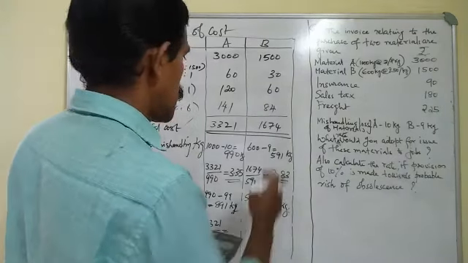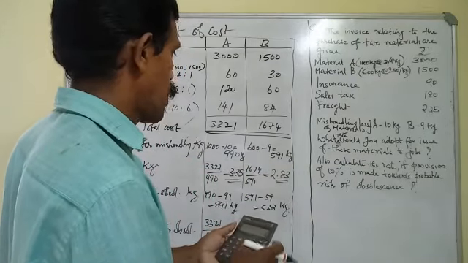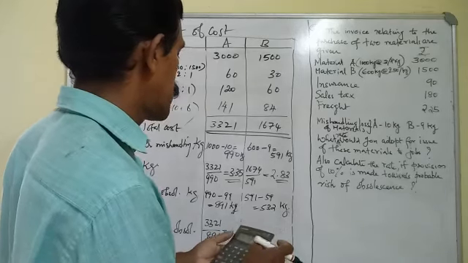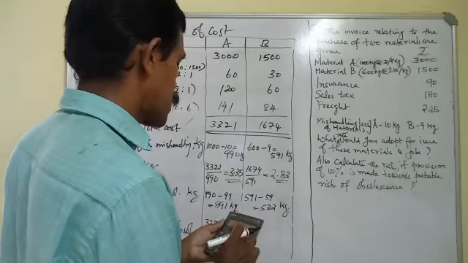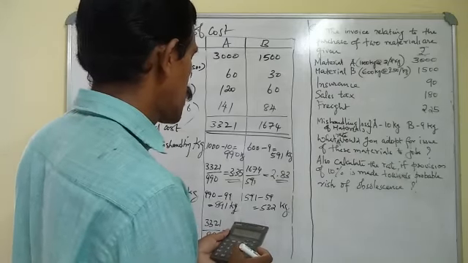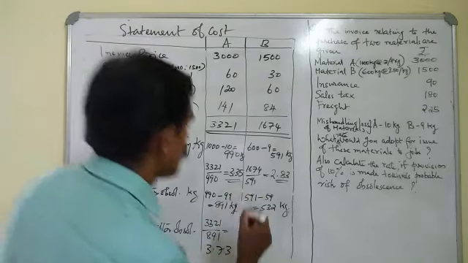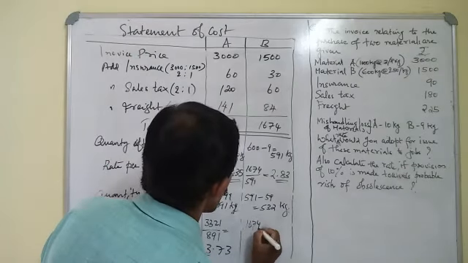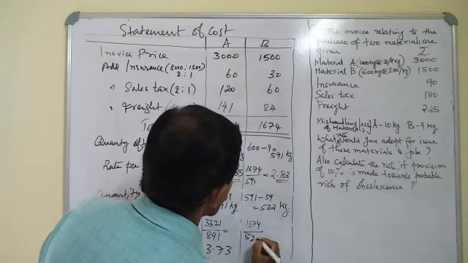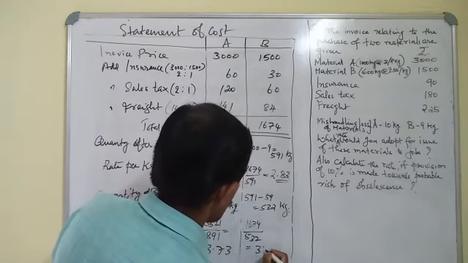Then in case of B, our total cost is 1674, that divided by the effective quantity of 532 kilograms. The amount comes to 3.15.